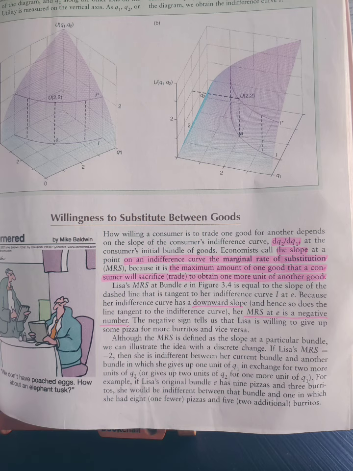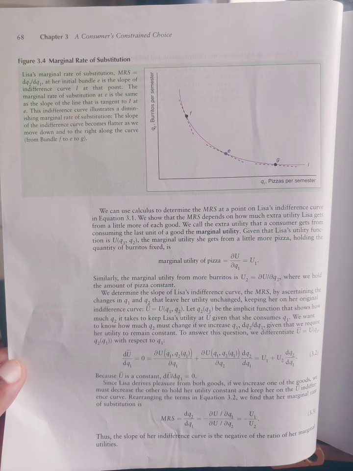Figure 3.4, marginal rate of substitution. Lisa's marginal rate of substitution, MRS, equals dq sub 2 over dq sub 1, and her initial bundle E is the slope of the indifference curve, I, at that point.